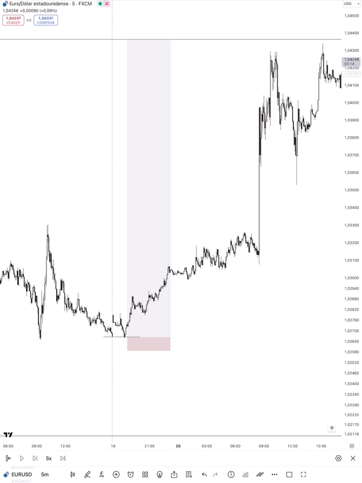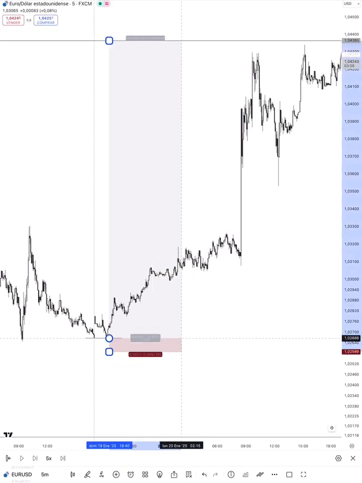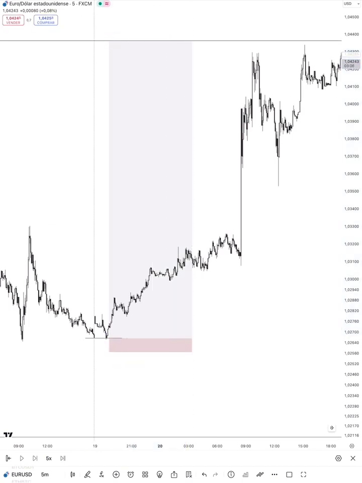Risking $5,000, and the reward was $80,000. I always, when entering with size, I always leave some space for slippage, right? So a couple of pips extra won't harm you, especially if you're on the right side of the market. Right? If you're on the right side of the market, and if your bias is correct, then a couple of pips extra as a stop loss won't harm you. In fact, it's recommended.